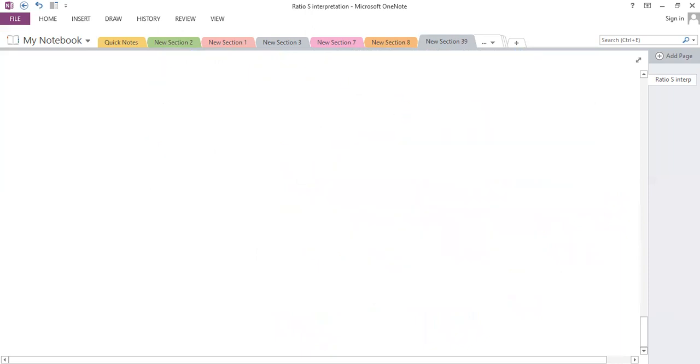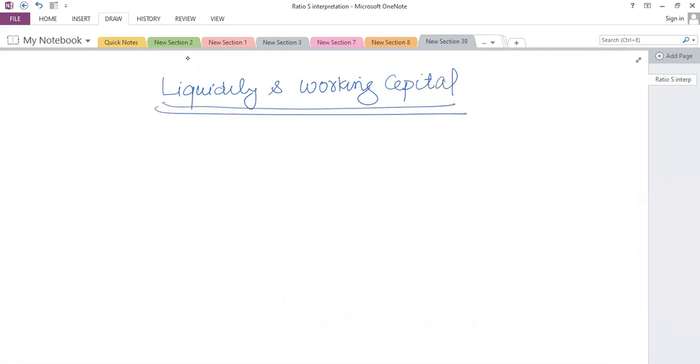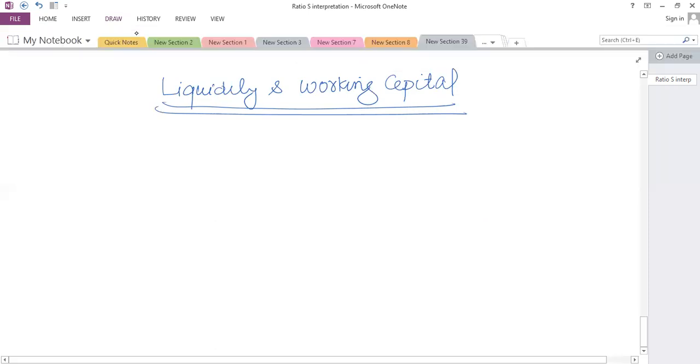Next category, very important. This is called the liquidity and working capital ratios. You know that liquidity is very important for any organization. You cannot survive without good liquidity. If you have poor liquidity, that reflects in the balance sheet when you have an overdraft, right?